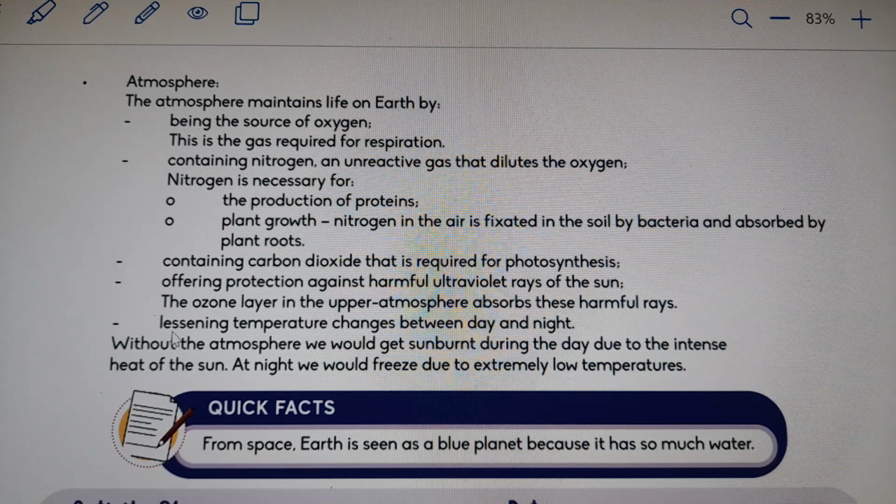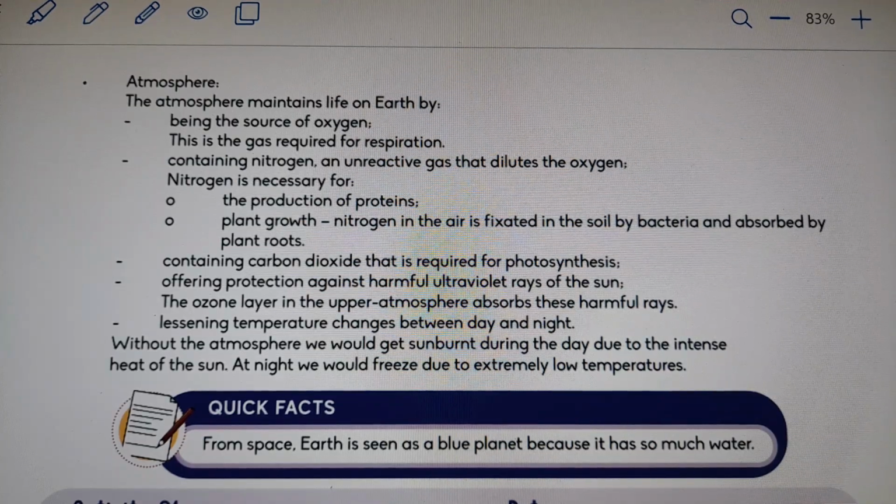And then the atmosphere lessens temperature changes between day and night. Without the atmosphere, we would get sunburned during the day due to the intense heat of the sun. At night, we would freeze due to extremely low temperature. So they say from space, Earth is seen as a blue planet because it has so much water.